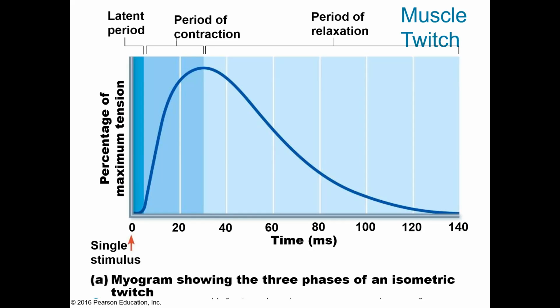But every cell will follow this same pattern: a latent period, a period of contraction, and a period of relaxation. And that period of relaxation is very long because it takes time to get that calcium back into the sarcoplasm.